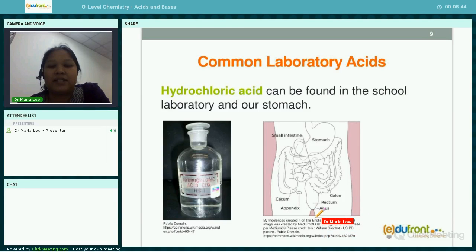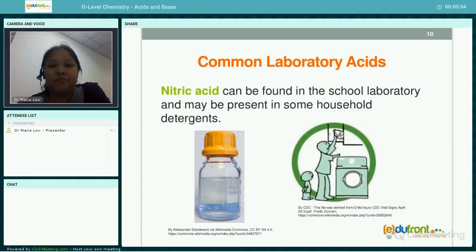Hydrochloric acid is actually found in our own stomach, as one of the digestive juices. Nitric acid is another common laboratory acid that you will use often in experiments. And nitric acid can also be found in some household detergents.